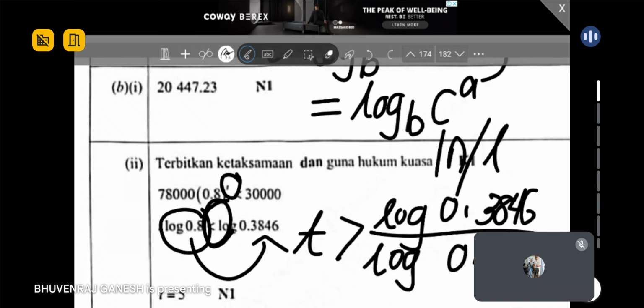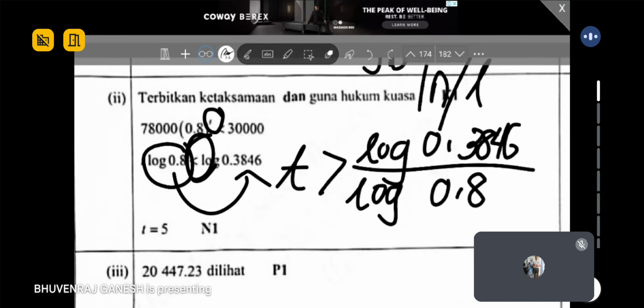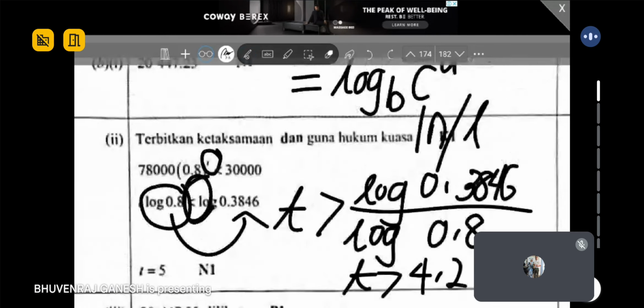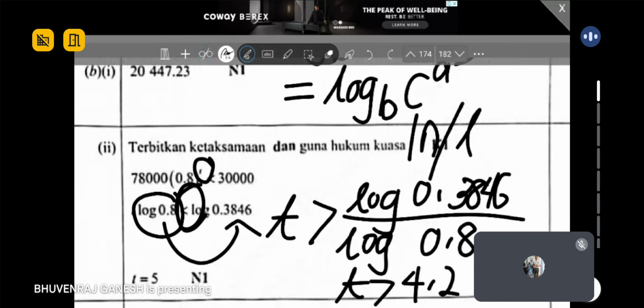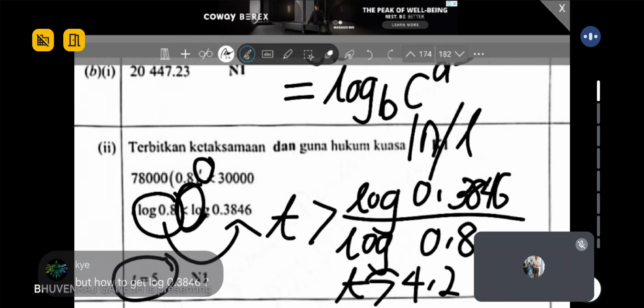So now you press calculator, one by one. When you press and see, you will get 4.2. T greater than 4.2. So guys, what will be the final answer? Apa jawapan akhir? Of course, you will take 5. Kamu akan ambil 5 because they have greater than, lebih besar.